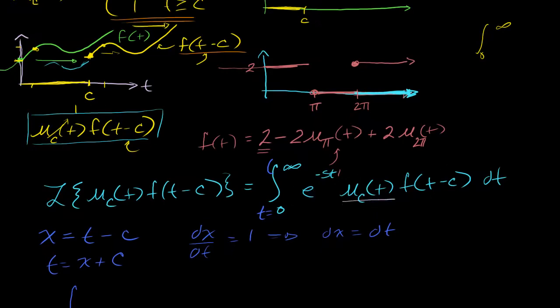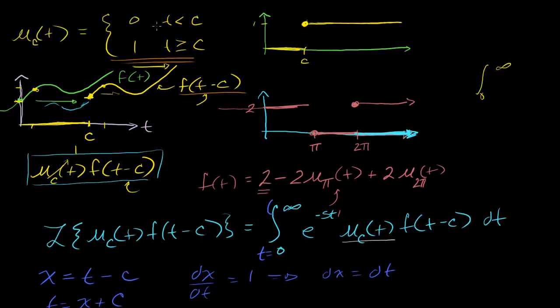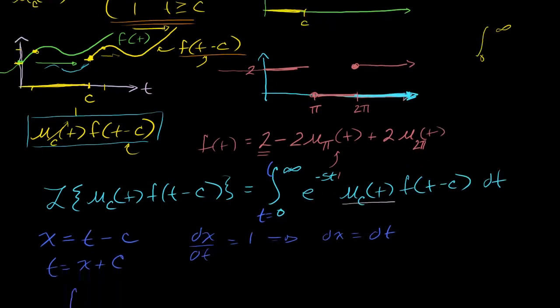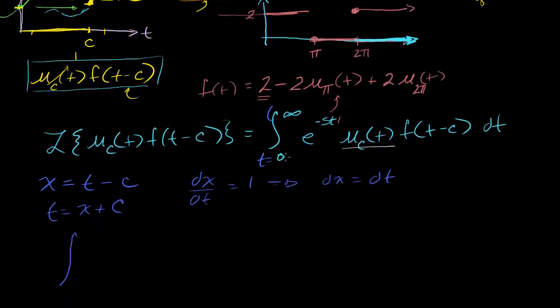By definition, this unit step function is 0 until we get to c, so everything's going to be zeroed out until we get to c. So we could essentially say, we don't have to take the integral from t equals 0 to t equals infinity. We could take the, I'll just use that old integral sign.